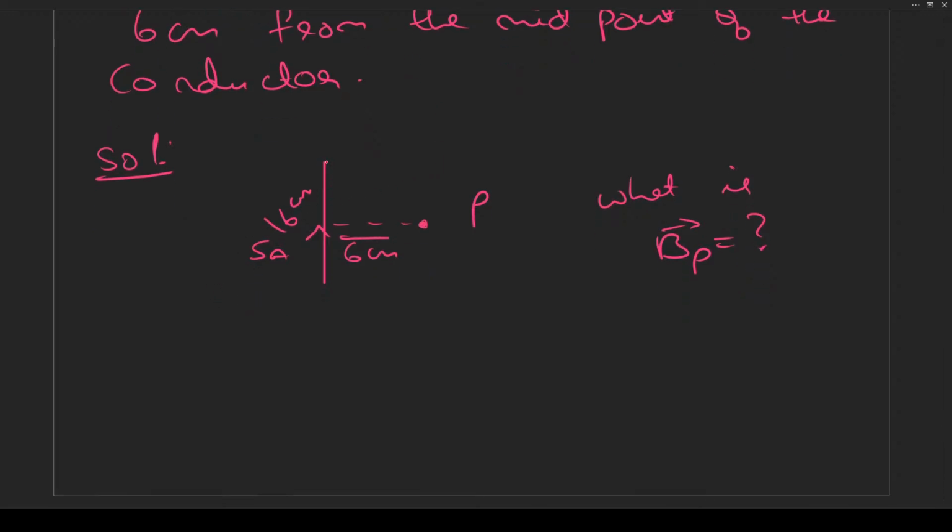Now we know the formula. This angle, the hypotenuse, will come to around 10 centimeters if we take the Pythagorean theorem. This is the diagram here.